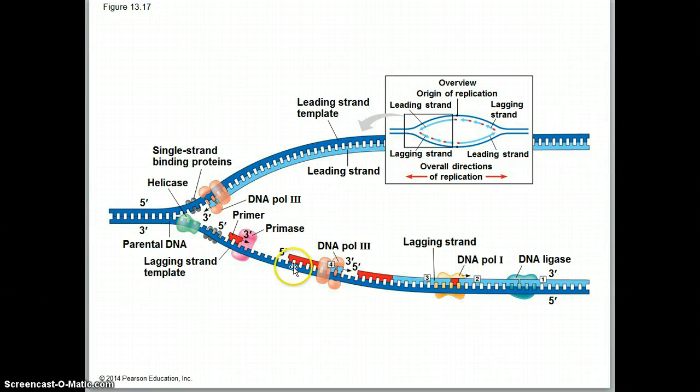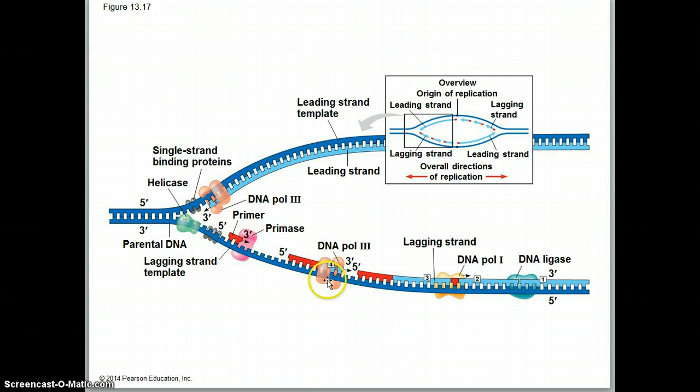DNA polymerase will find one of these primers put down by primase, and it will start adding DNA nucleotides in the 5' to 3' direction. Okay, so you can see DNA polymerase here adding new nucleotides. On the leading strand, DNA polymerase is going to add nucleotides continuously, okay, towards the replication fork. It never needs to stop.